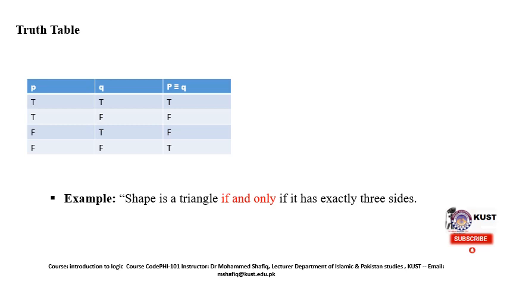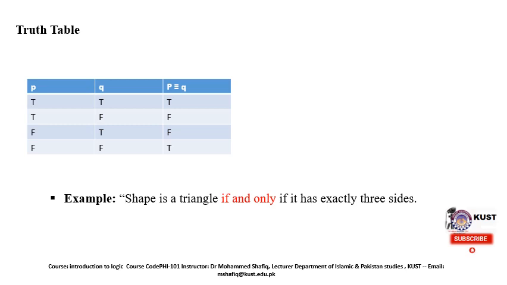The first component of this is P, shape is a triangle. So in the first column, as we do normally, we have two T's and two F's. The second column is that of the second component of this proposition, which says it has exactly three sides. So we have one T, one F, one T, one F, and then P triple bar Q.